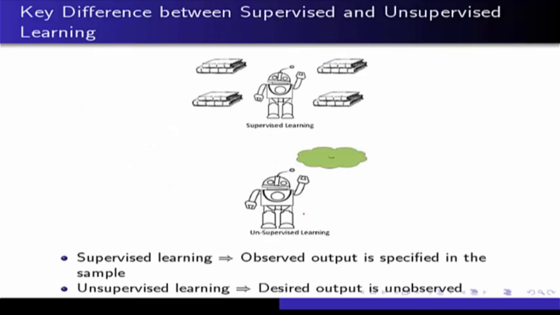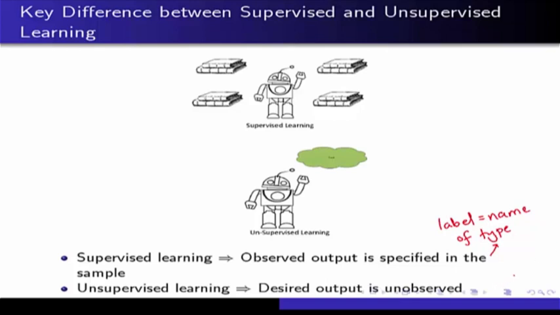So the key difference between supervised and unsupervised learning is that in supervised learning, you are provided the desired observed output. This is specified in the sample. Going back to our previous case, you were provided the label which was the name of fruit or name of type of the fruit on each instance of the fruit.